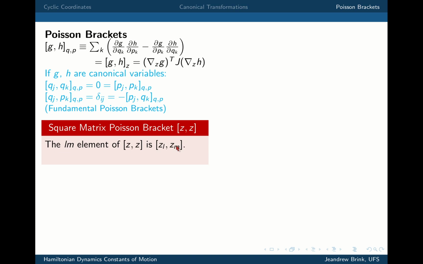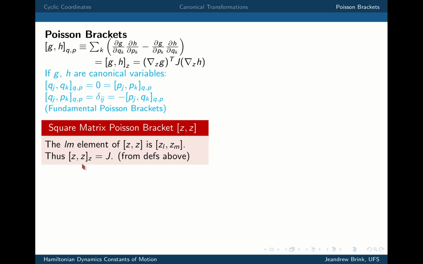We can obviously work that out, we've got all the details up here of how to do that. If you then do it simply by using these definitions, you're going to see that the square matrix Poisson bracket of Z with respect to Z, in other words your canonical variables, the small ones, is simply J. So all this notation is summarized in this expression.